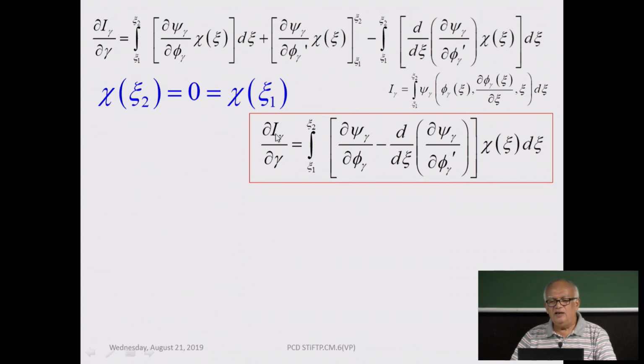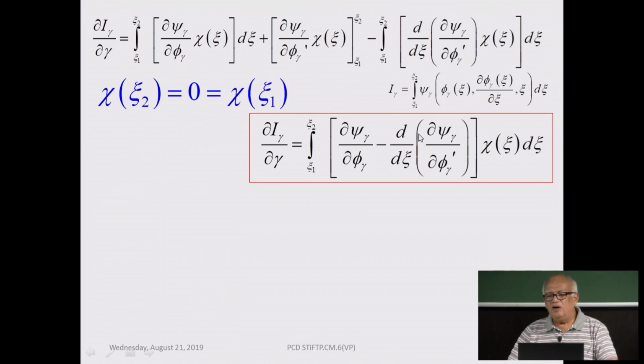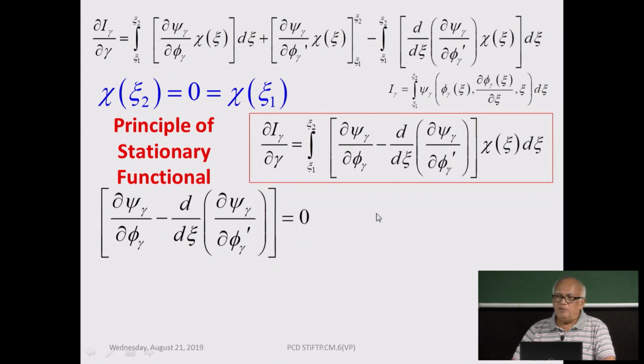So, the left hand side is del I by del gamma, and then you have got the first term and the second term. I have extracted the common factor chi, and then you have got this term over here and this term over here, and the requirement that this is stationary, the principle of stationary functional, the necessary and sufficient condition, no matter how you vary chi in between, no matter how it is controlled in between.